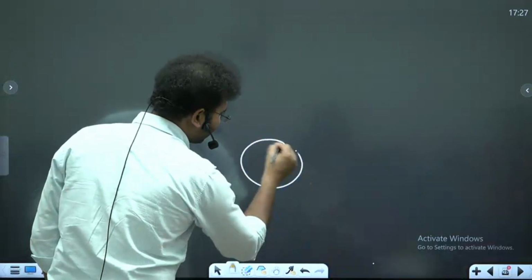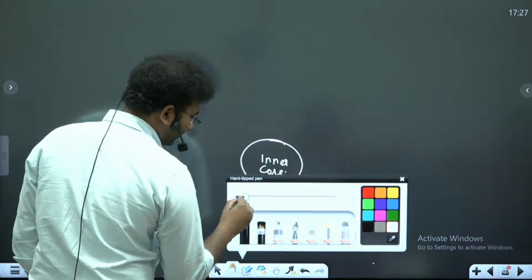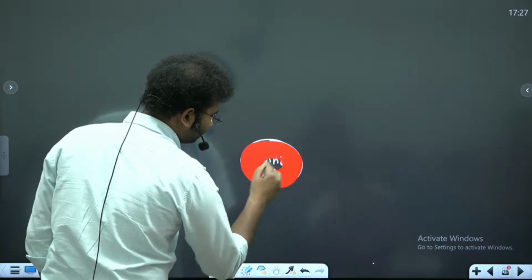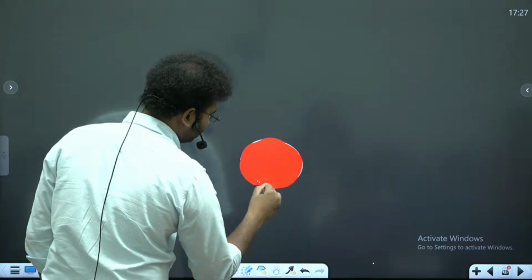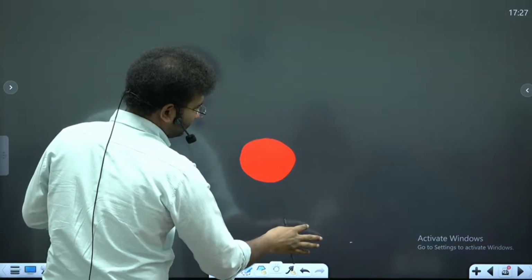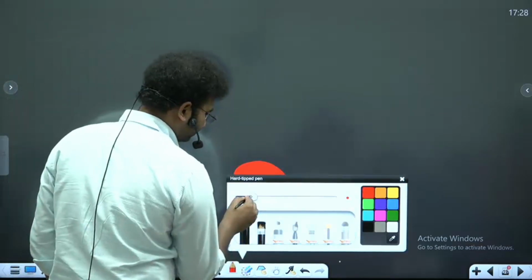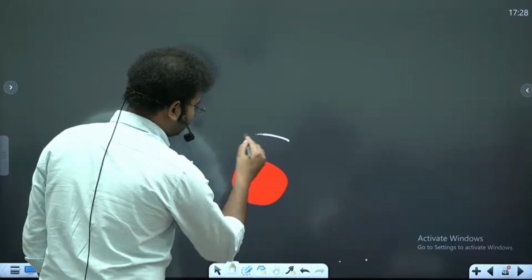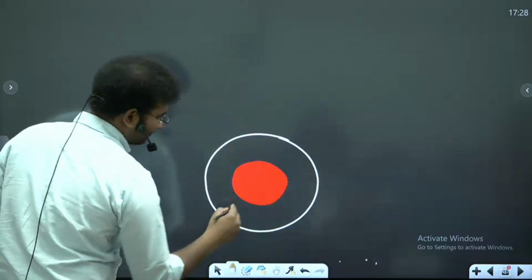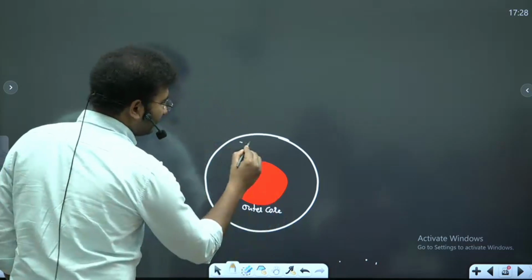Imagine this is the inner core, and you know that the inner core is a solid body. Right? Outer core, now what is it?